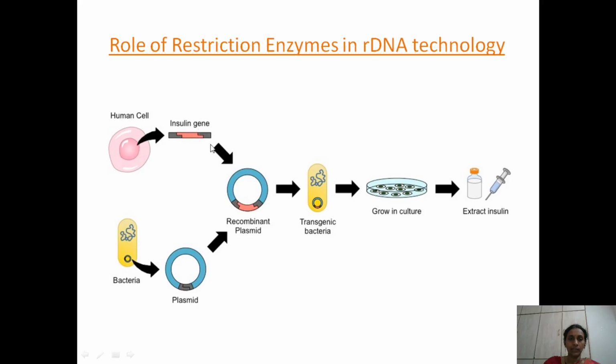See, this is the insulin gene which is inserted within the plasmid. We'll take off some unwanted part from the plasmid, and in that place we will insert our required gene. So this is the first step in rDNA technology, and it is not possible without restriction enzymes. That is the importance of restriction enzymes. Without this we cannot proceed to the further steps.